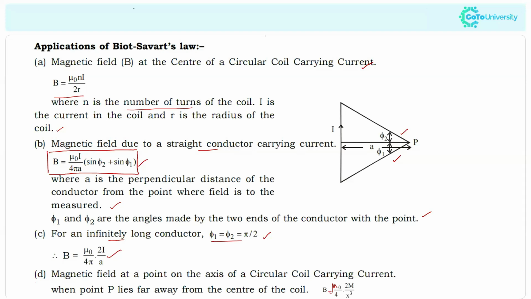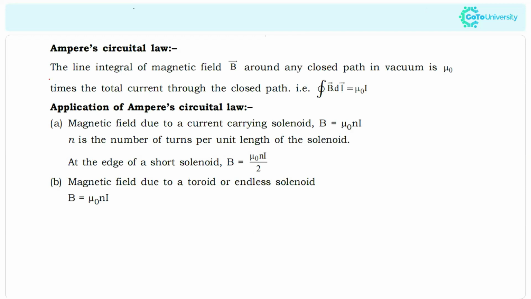Yeah, we are moving to the next one now. It's about Ampere's circuital law, which is a very important second law in this lesson. Ampere's circuital law gives us the value of the line integral of the magnetic field around any closed path. We can define it as: the line integral of the magnetic field around any closed path in a vacuum is mu naught times the total current through the closed path.